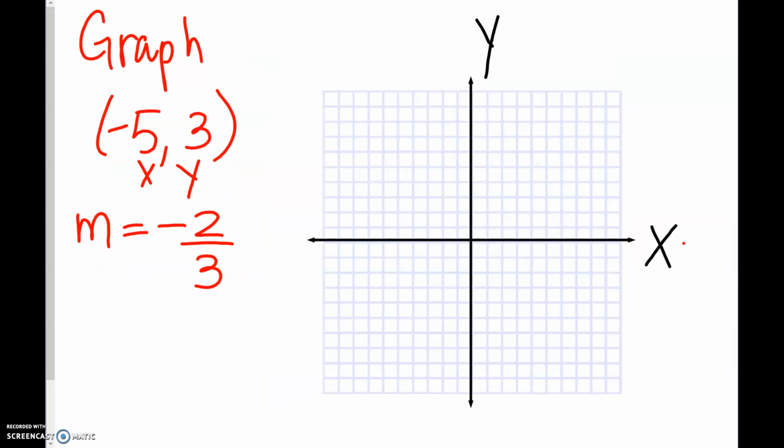Okay, one more of these. All right, so we have this -5, 3, 1, 2, 3, 4, 5, 1, 2, 3. Put your dot. I always need to see at least 2 dots. So remember, this is rise over run. So I am going to go up 2 and left 3. Up 2, left 3.